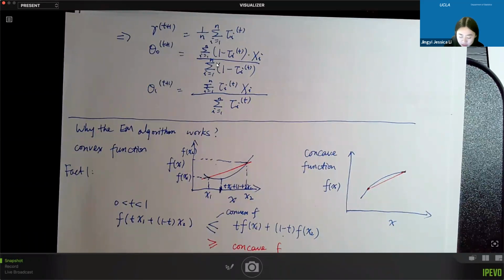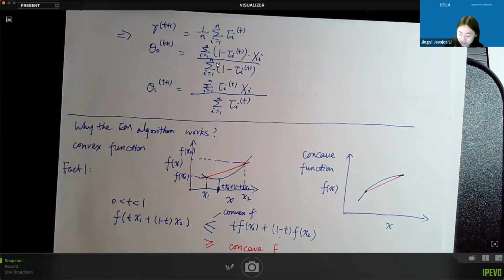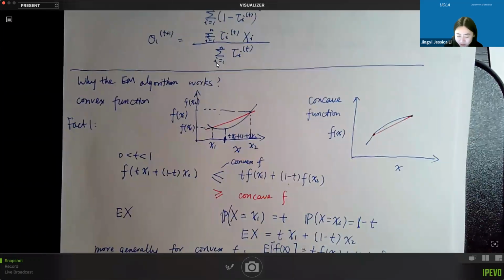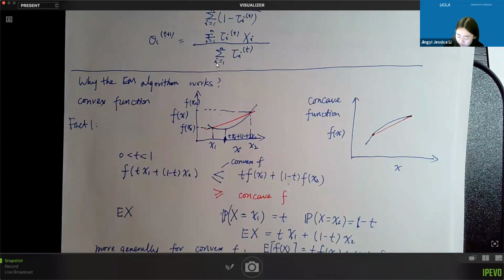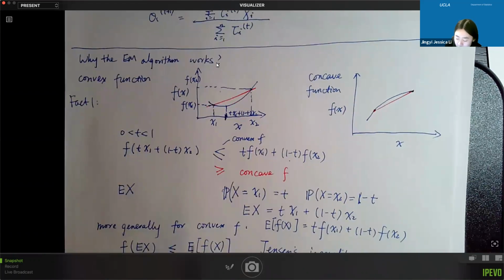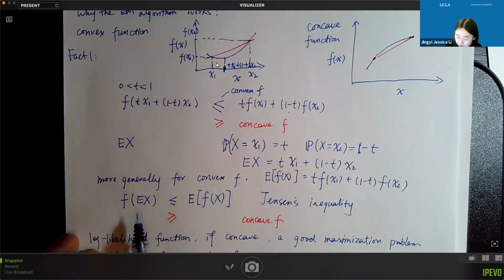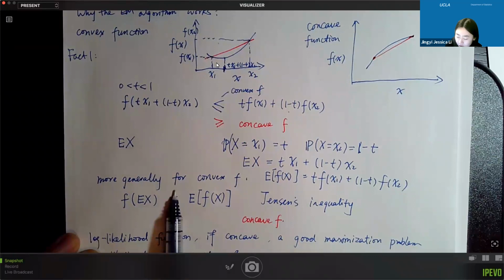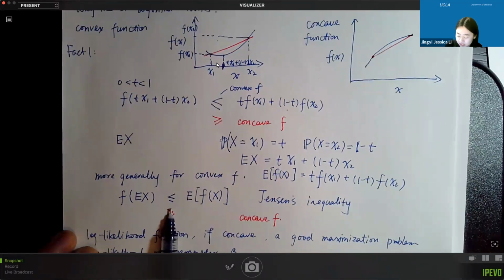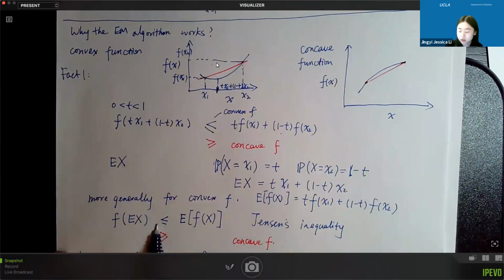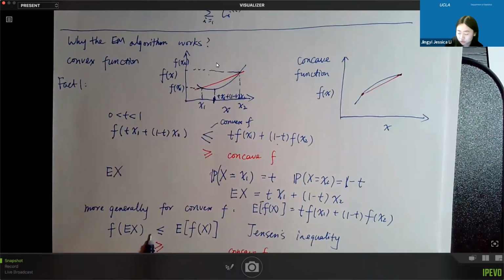So last time we discussed why the EM algorithm works. There are two important facts. One is this important Jensen's inequality for a convex function or concave function. They have the same property with opposite signs. To really see the direction of the inequality, my suggestion is to draw the figure.